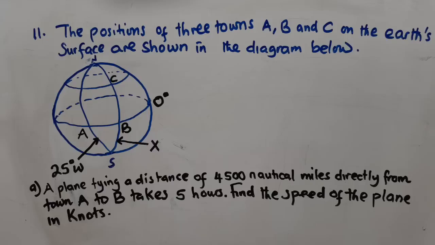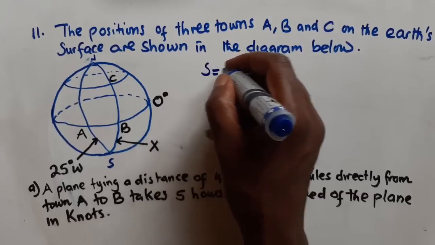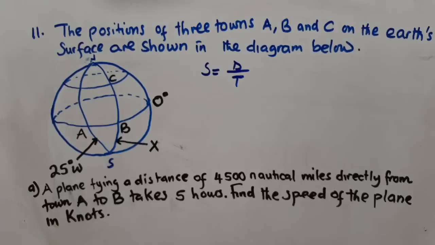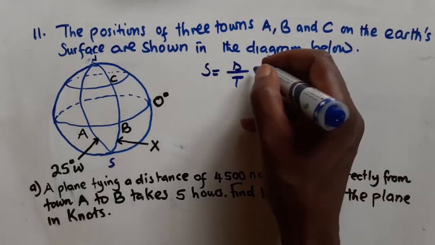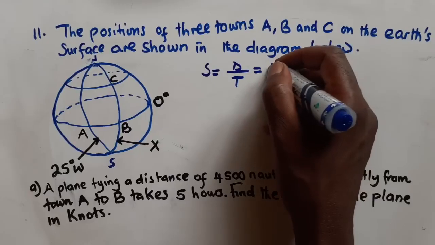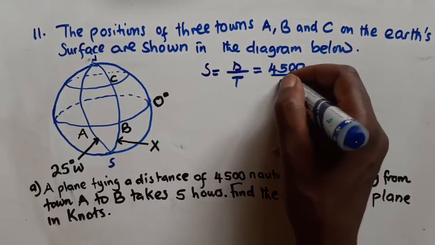Alright? So speed is involved here. We know that speed is equal to distance over time. So what is the distance here? The distance is 4,500 over time.